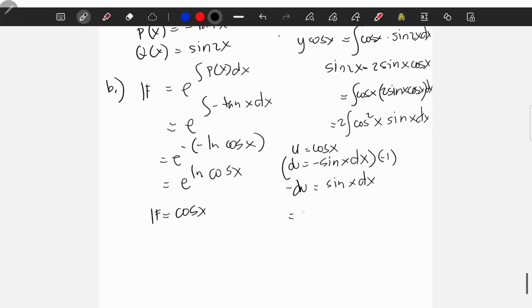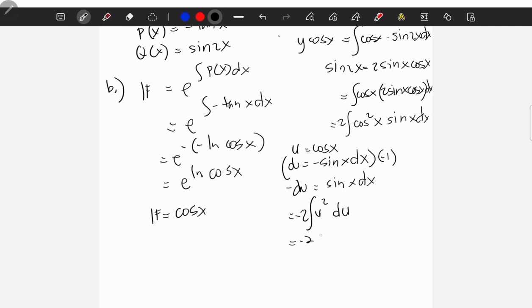Substitute. So 2 cosine x is now u squared. Sine x dx is negative du. So negative integral of u squared du.